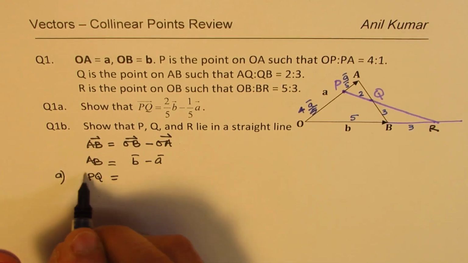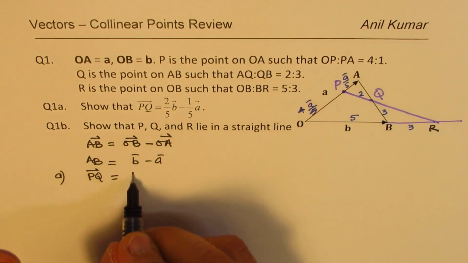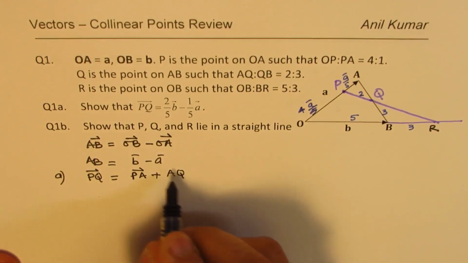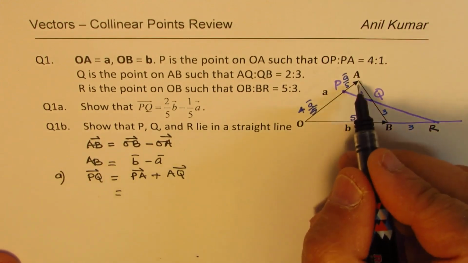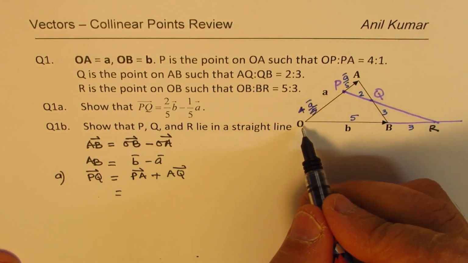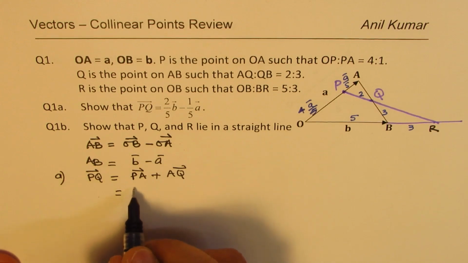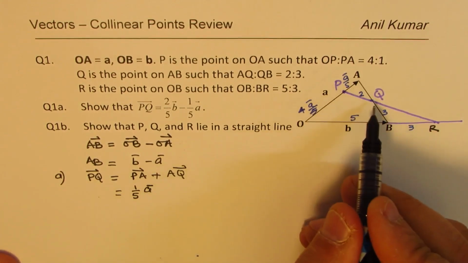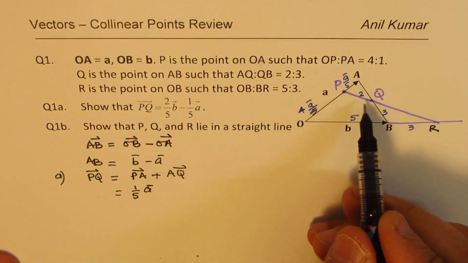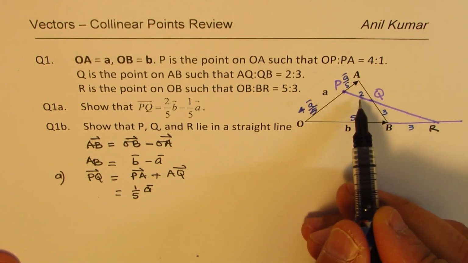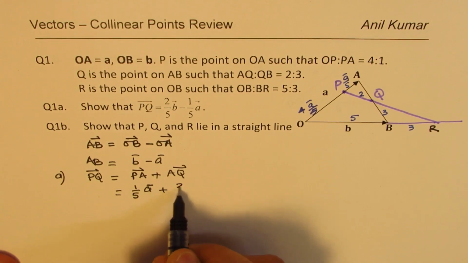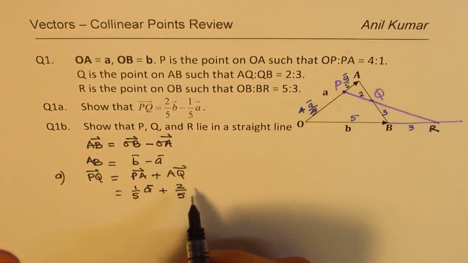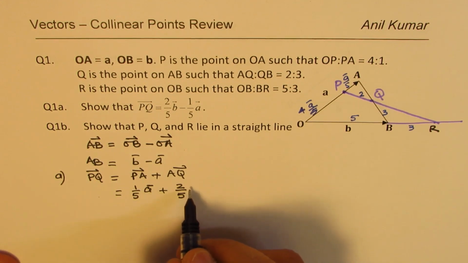PQ will be equal to PA plus AQ. Now PA is 1/5 of OA, which is 1/5 of A, right? And AQ is, the total parts are 2 plus 3, 5, and it is 2/5 of AB, right?